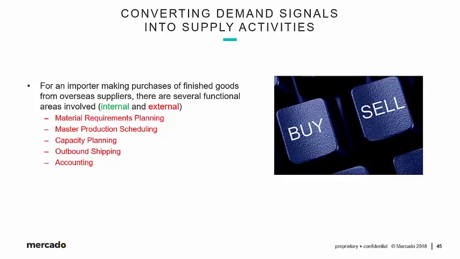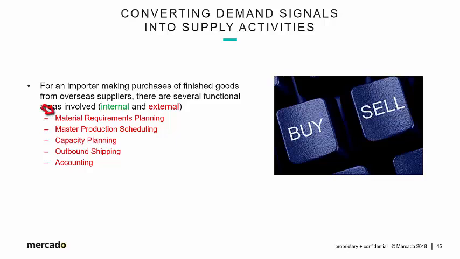Moving along to the responsibilities of the external partner, the actual manufacturer overseas, we can see a listing of manufacturing planning and control functions. The vendor overseas is responsible for these activities. How do we help them to meet these responsibilities is a big part of supply chain management for an importer of finished goods.